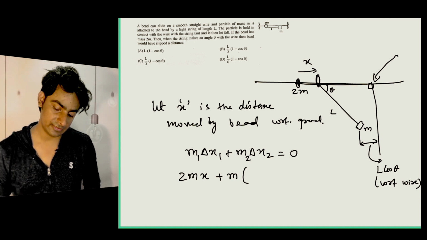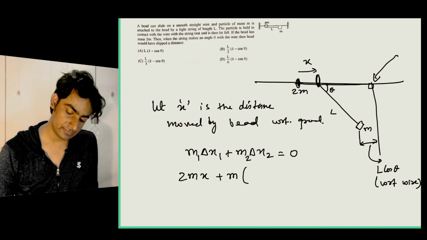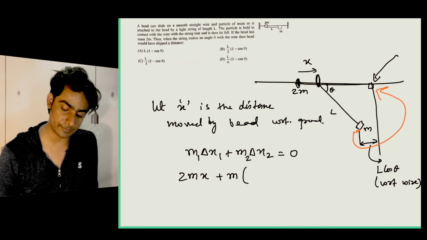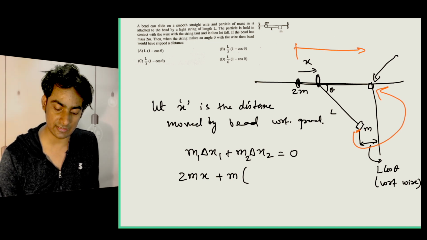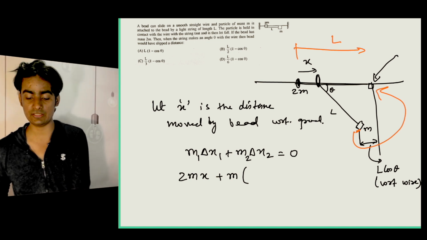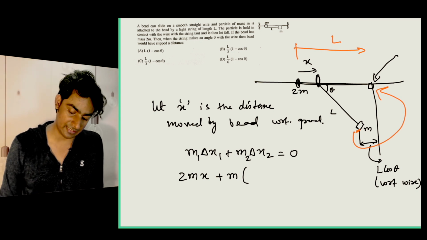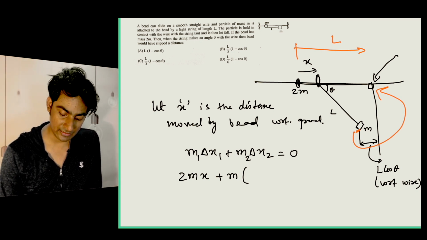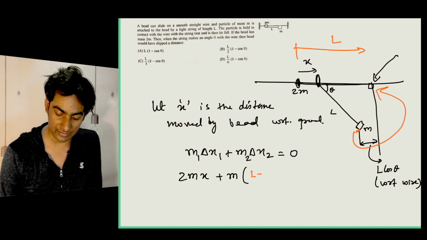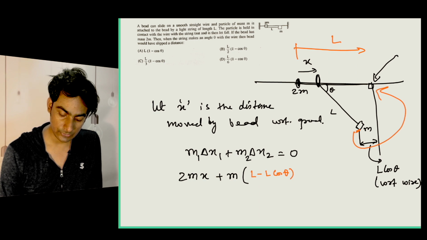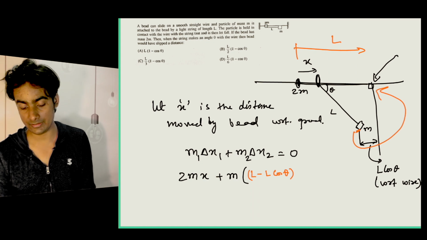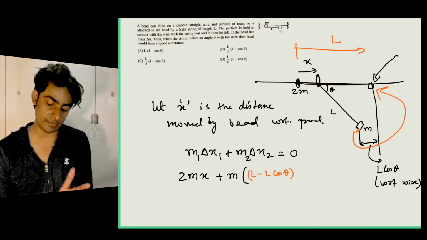Initially, this mass was here, at an initial distance L. But the final coordinate is L minus L cos theta. This is with respect to the wire only, but the wire moved x distance, so we have to subtract this.